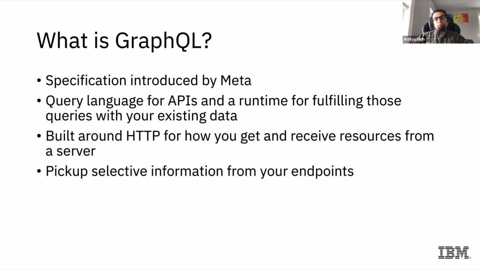We can think about GraphQL as technically a layer between your front end and the back end. The client will request data from your API, and GraphQL will decide on what to return and how much to return, depending on the requirement. That's what I mean by picking selective information from your endpoints. One distinction I want to highlight between query languages and GraphQL is that usually query languages exist between a backend and a database.